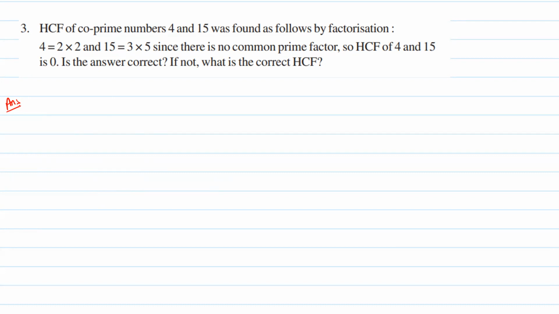If not, what is the correct HCF? No, the answer is not correct. The correct HCF will be 1, because when there is no common prime factor, then also we have 1 as the common factor. That means they are co-prime numbers.